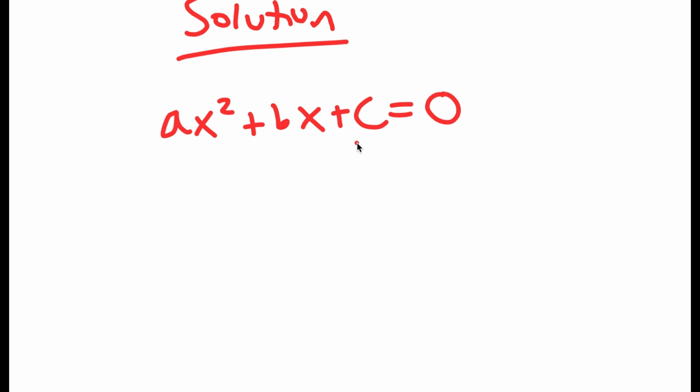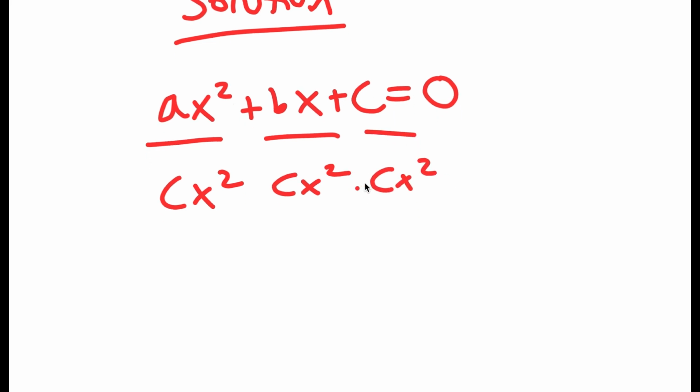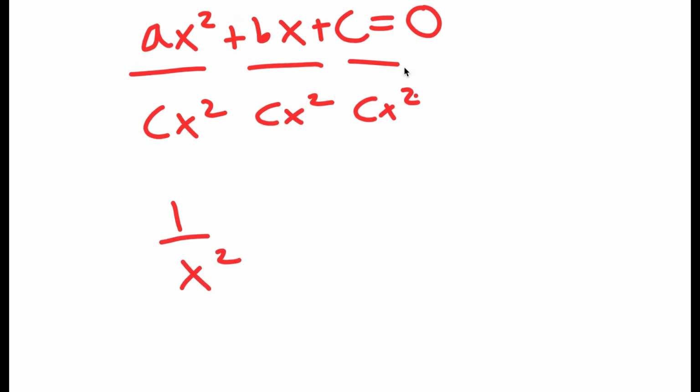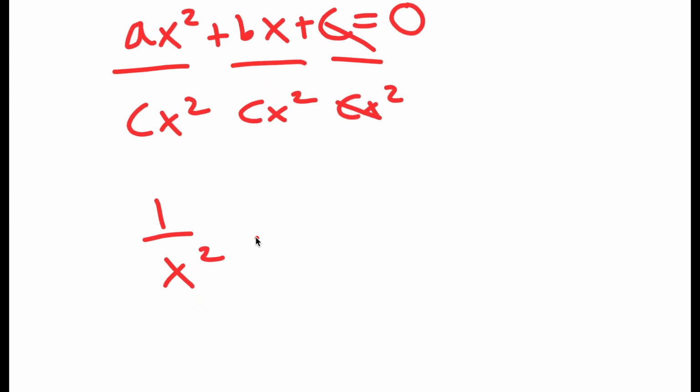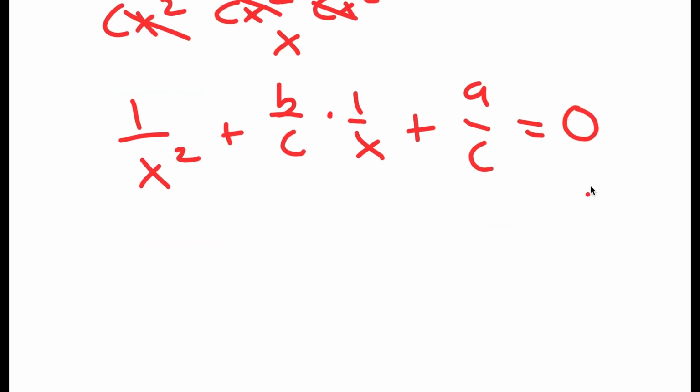So now, what I'm going to do is divide every term here by cx squared. So now I get 1 over x squared, because these two cancel out, plus b over c times 1 over x, these two cancel out and get x, plus these two cancel out, a over c is equal to 0.